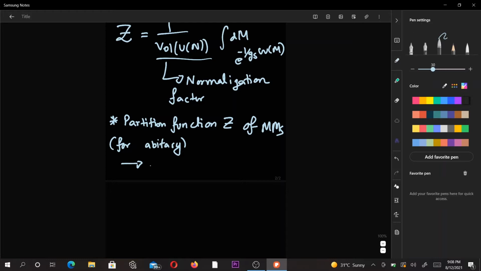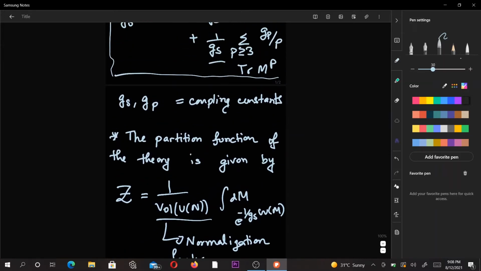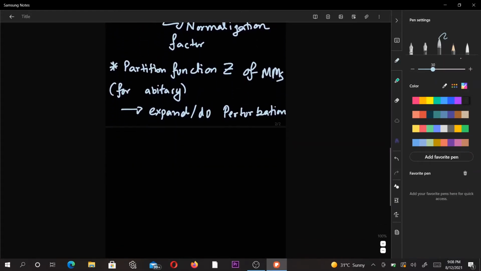We expand, or do perturbation theory, that is expansion of this term. You have done this; it's sometimes called perturbation theory. We expand in terms of the coupling around the Gaussian point.